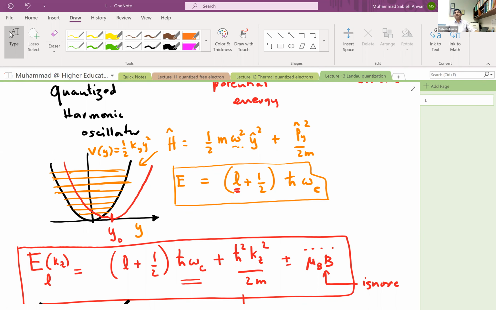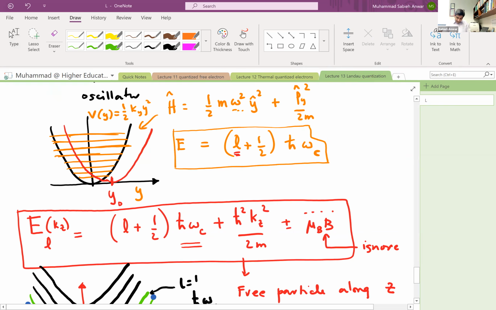However, in the transverse plane, which is perpendicular to the magnetic field, things change. The Hamiltonian takes the form of a harmonic oscillator, which is displaced with respect to y equals 0. It goes to y naught, and y naught we defined as px over eB. So it will have certain wave functions, which I'm going to come to in a minute. But nevertheless, if you solve the quantized harmonic oscillator using the rules of quantum mechanics, ladder operators, second quantization, etc., we'll obtain quantized energy levels.